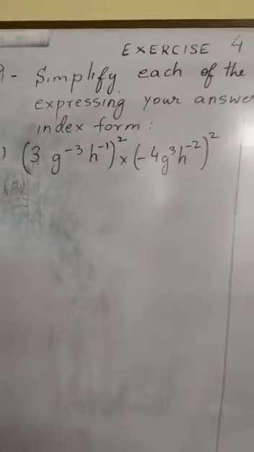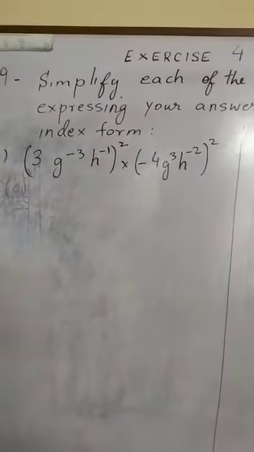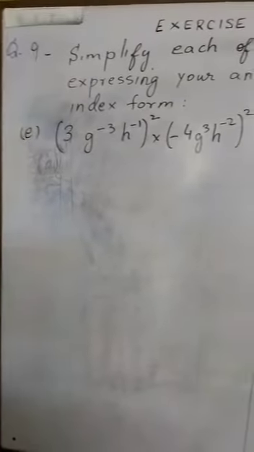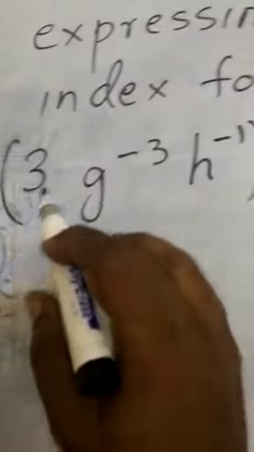Now see, this question has two brackets. These two brackets have powers over them, so these powers will be eliminated first, and by eliminating this power we can open the bracket.